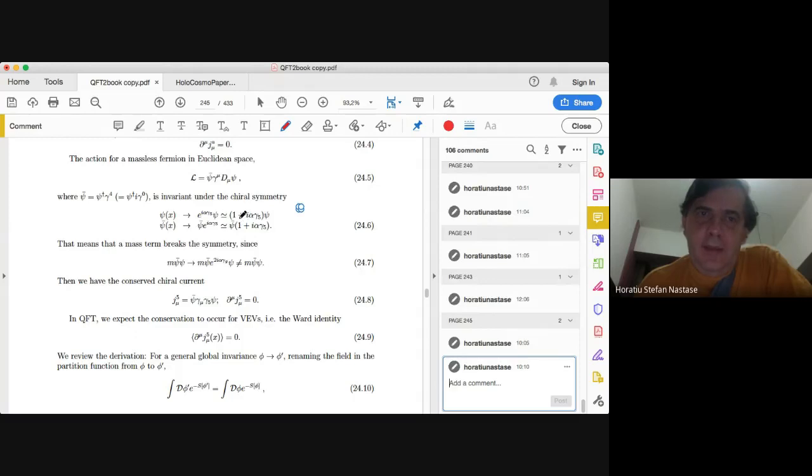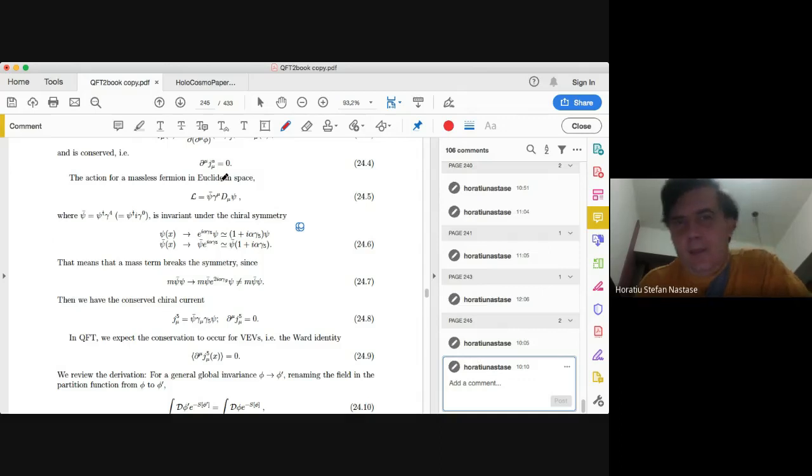All right, and then the chiral current is, as before, we vary with respect to d mu phi. So d mu phi is here, so the variation is psi bar gamma mu. And then on the right hand side, we put the generator, which, as we said, was gamma 5 times psi.